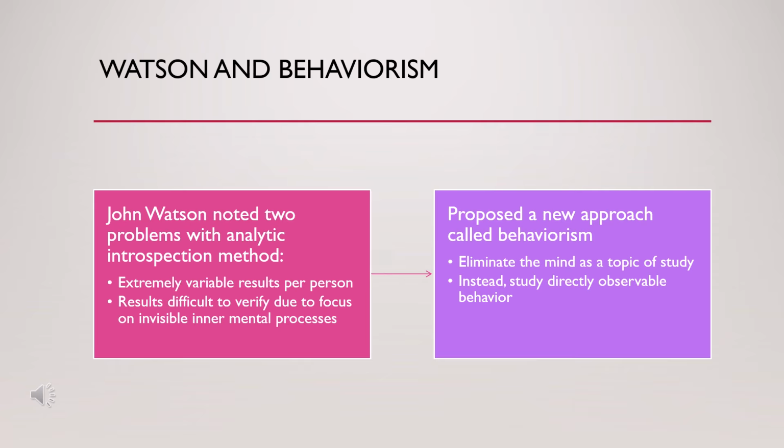This falls under classical conditioning, which you're probably familiar with from Pavlov and the salivating dog. Watson believed that psychology should only study observable actions. So he conditioned a fear response in Little Albert by pairing a rat with a loud noise, and this helped to demonstrate classical conditioning in humans.